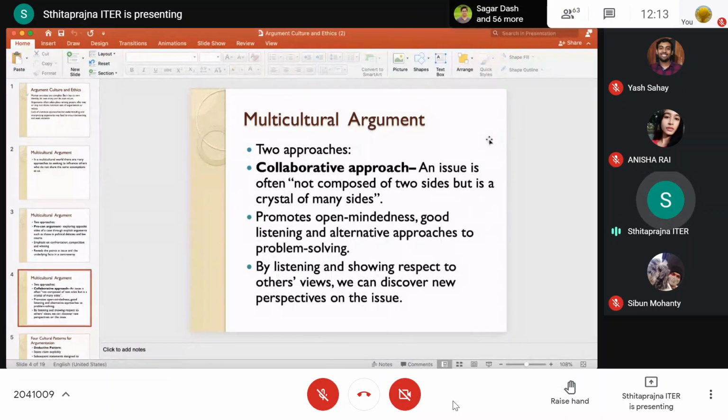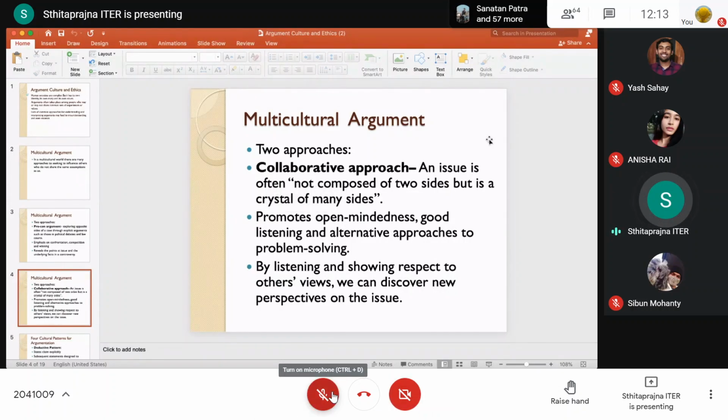But in a collaborative approach, the objective is to find alternatives to problem solving. What are the ways in which we can resolve this issue? This, or that, all these approaches.